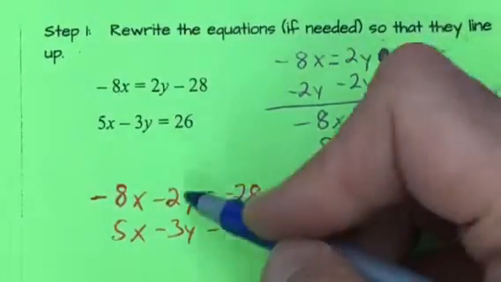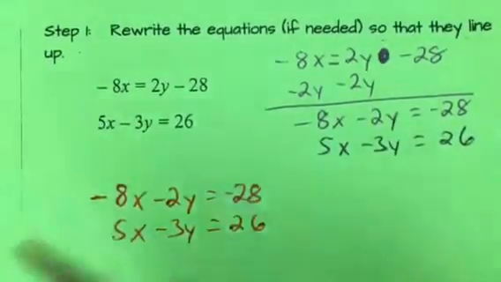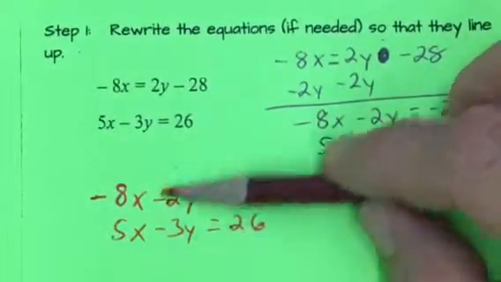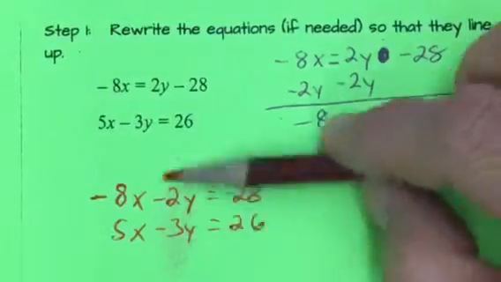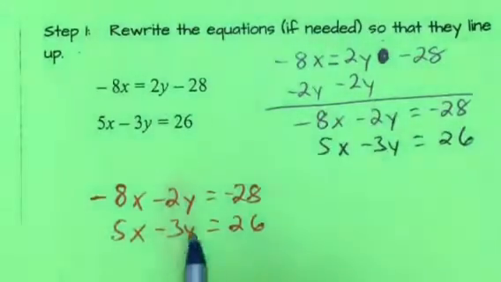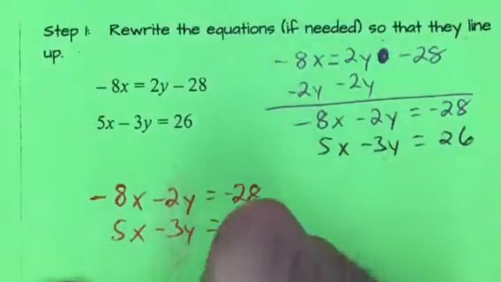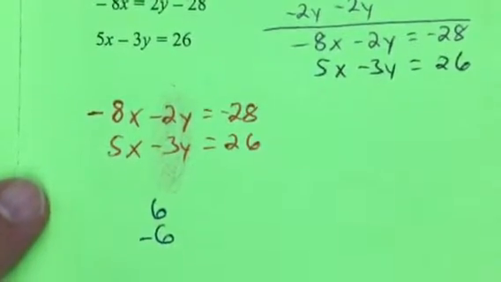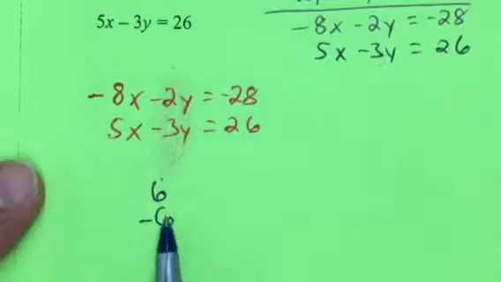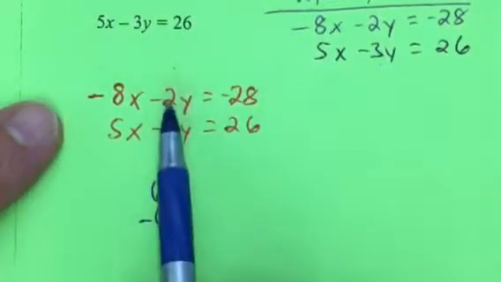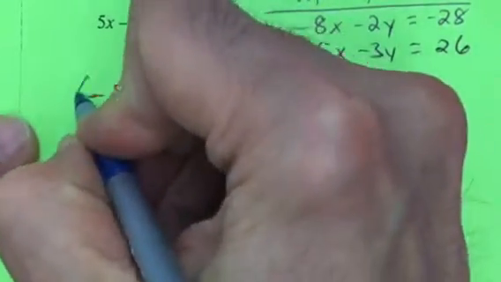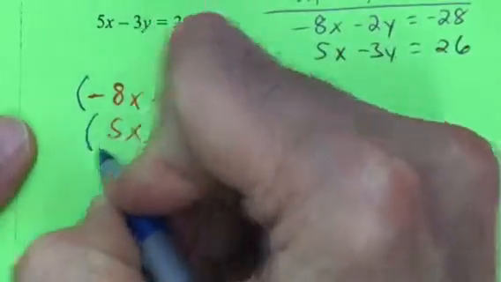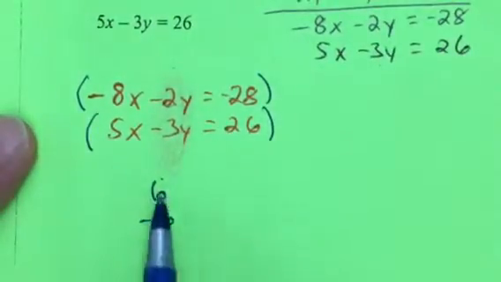All right. I want to get these two guys opposites right here. I know that if they're opposite, I would have a 6 and a negative 6. That's what I want. I want a 6 and negative 6 here. So what do I multiply this by to get a 6? What do I multiply this by to get a negative 6?